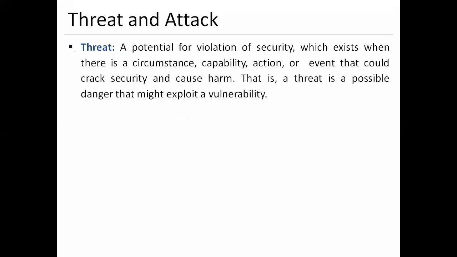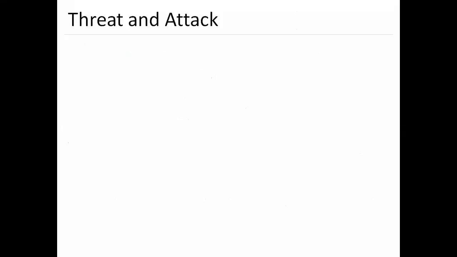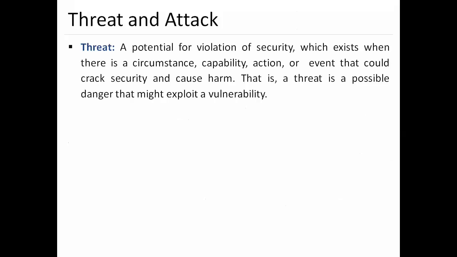The person who receives the message is the right person, which is why he got the message. It should not be claimed that "XYZ was not done by me." Threat is a potential violation of the security that exists.